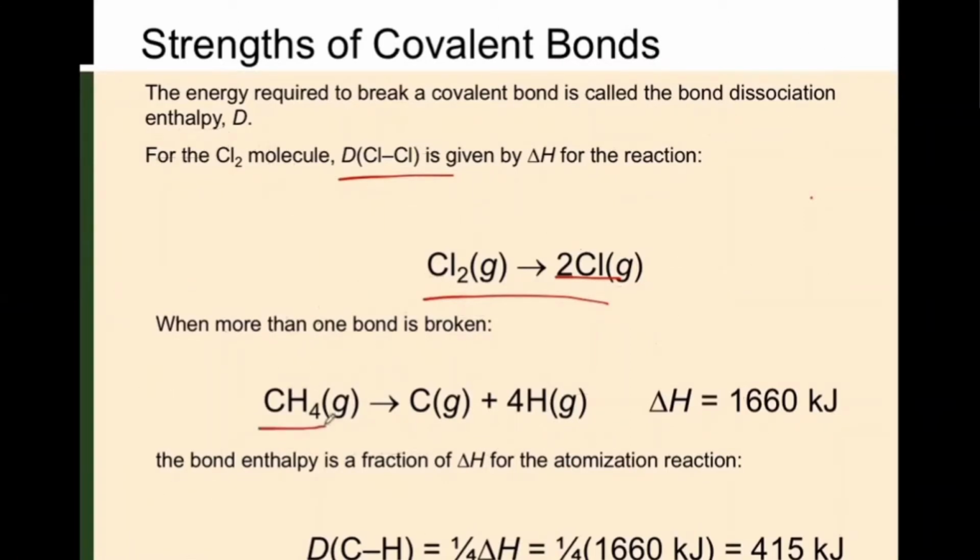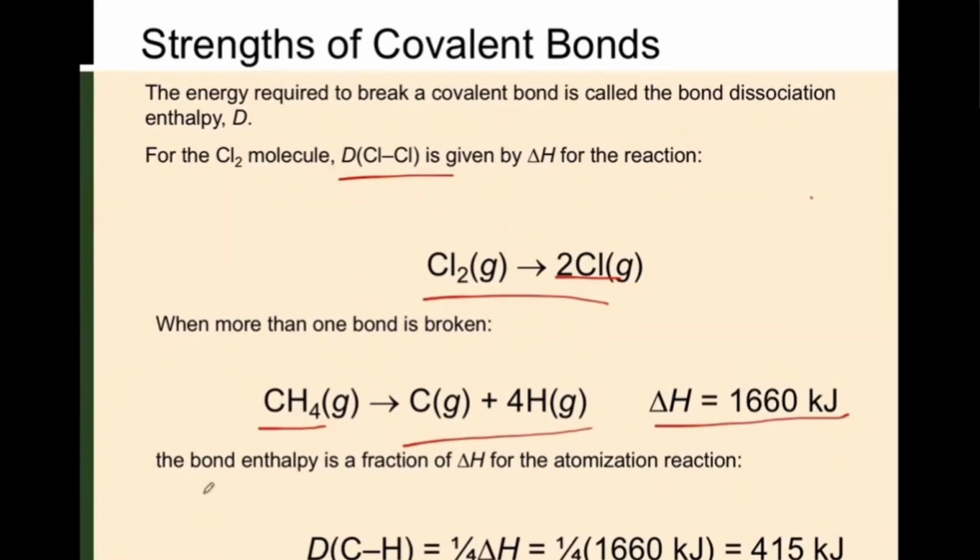For example, methane here is CH4 in the gas phase. In order to dissociate it completely, we get carbon and 4 hydrogens like this. So delta H for this total process of the total dissociation of methane is equal to 1,660 kilojoules.